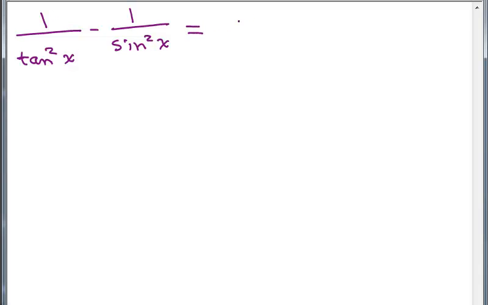So I'm going to do that since it's the reciprocal. Then I have cotangent squared x in the numerator over 1, minus 1 over sine squared x. I haven't written this in terms of sine and cosine yet, and in fact, I'm just going to leave this as cotangent squared x. But this is one way to start.